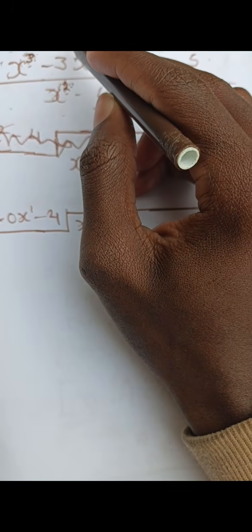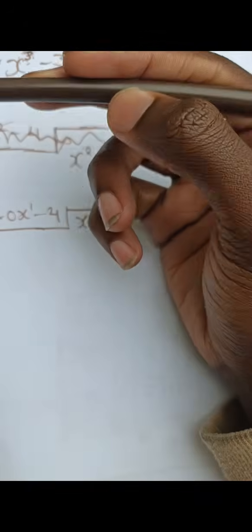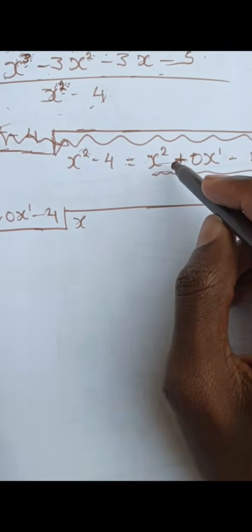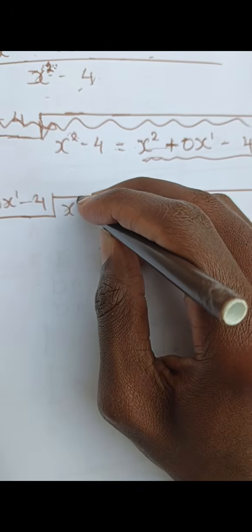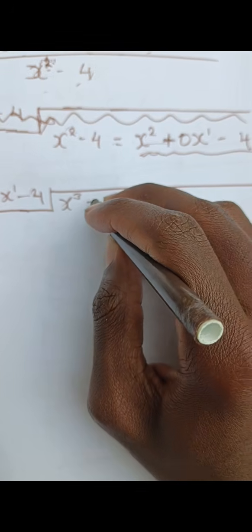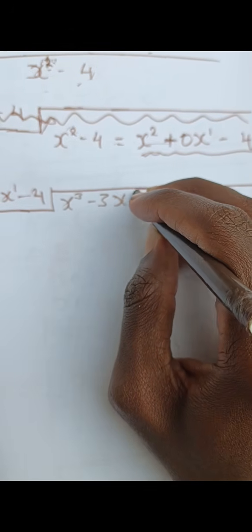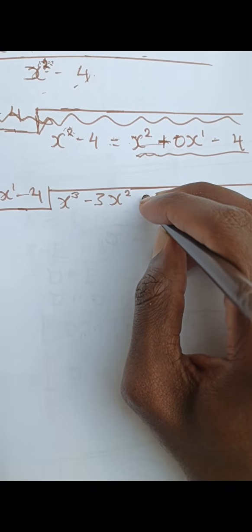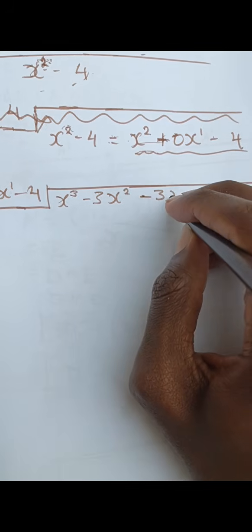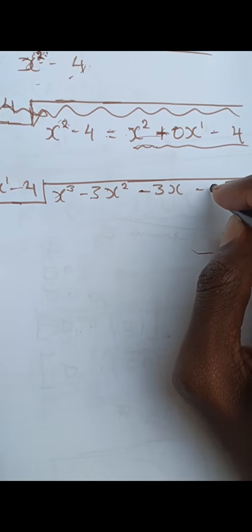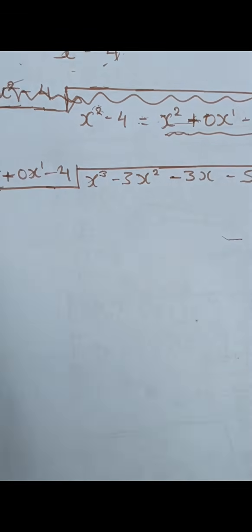If you see there is a jump somewhere, introduce the exponent which is missing, like the way we've just done here. So we have x power 3 minus 3x power 2 minus 3x minus 5. Okay, so this is long division, not synthetic division.